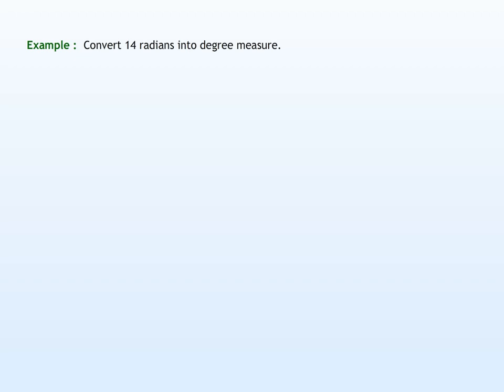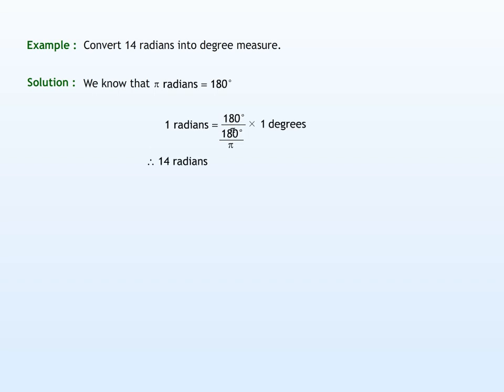Example 2. Convert 14 radians into degree measure. Solution. We know that pi radians is equal to 180 degrees. Therefore, 1 radian is equal to 180 degrees upon pi. Therefore, 14 radians is equal to 180 degrees upon pi into 14.